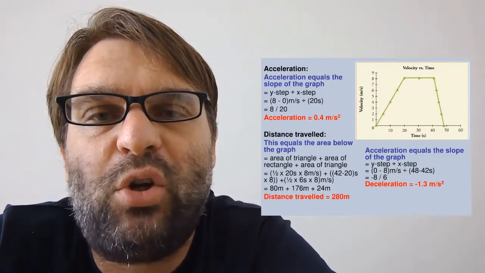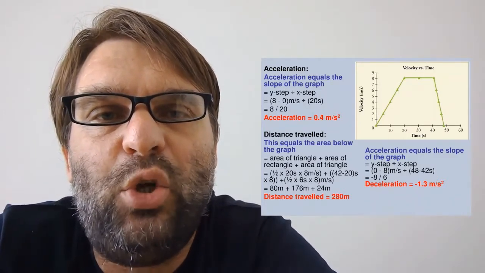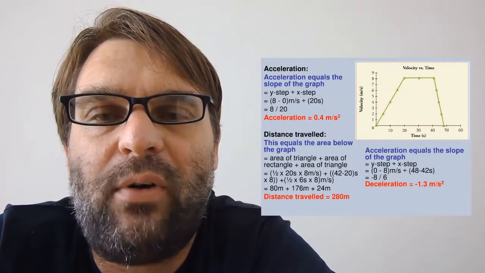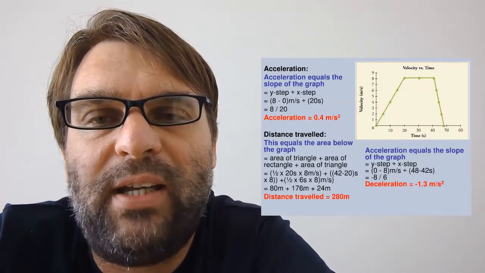In terms of the total distance traveled by the object, you can break down the area underneath the graph by breaking down the shapes.